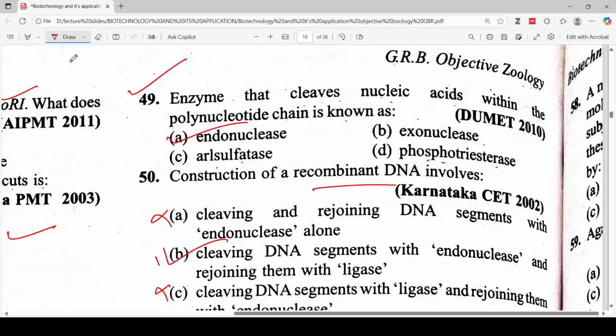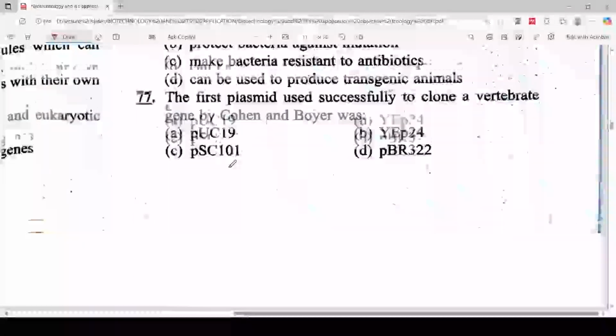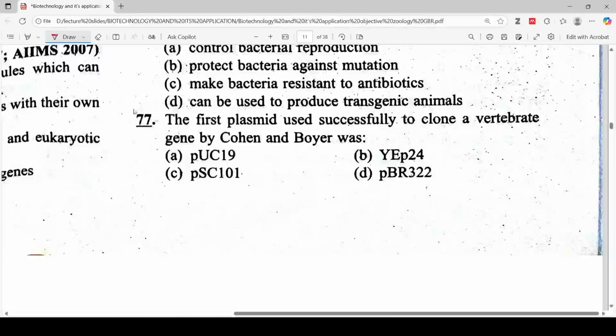Okay, let's go to the next question. The first plasmid used successfully to clone a vertebrate gene was by Cohen and Boyer. So option C will be the correct answer.